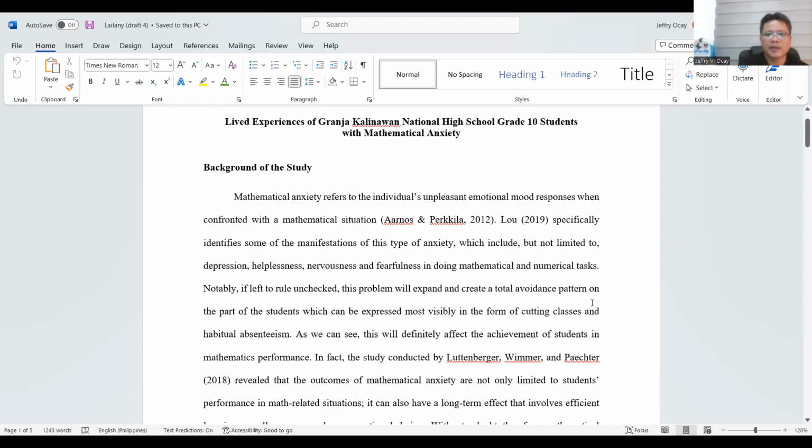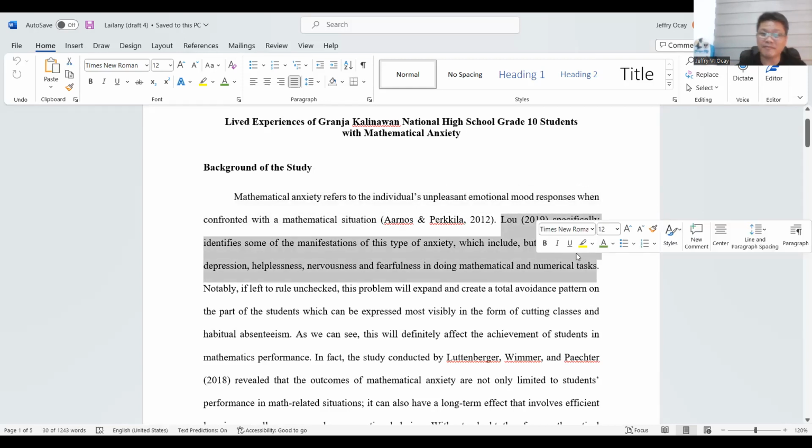So we borrow that definition from these authors, and so that's why we decided to avoid plagiarism. And then we continue. Liu specifically identifies some of the manifestations of this type of anxiety, which include but are not limited to depression, helplessness, nervousness, and fearfulness in doing mathematical and numerical tasks. So aside from the meaning of the word mathematical anxiety, we very briefly discuss in the second sentence the nature and dynamics of mathematical anxiety.